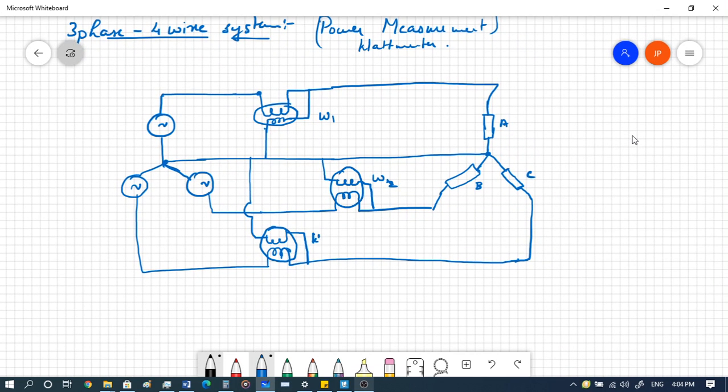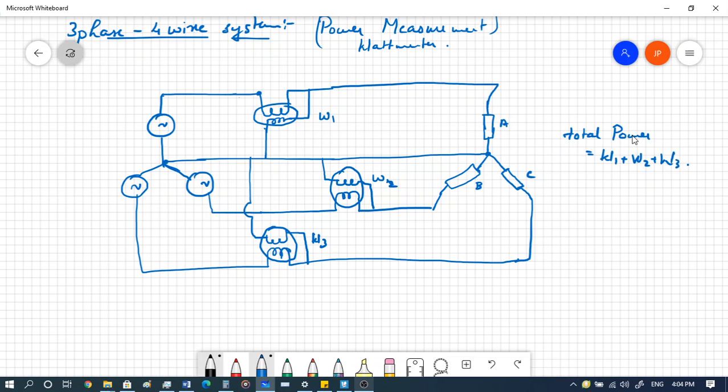So let's say this is W3, so the total power in this case, this is a pretty simple connection, will be W1 plus W2 plus W3.